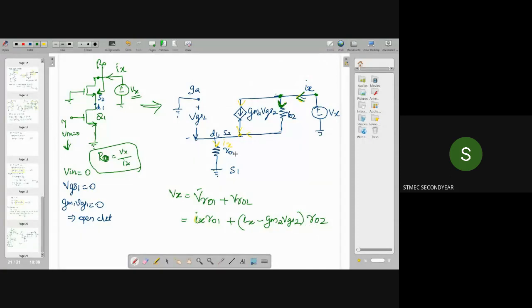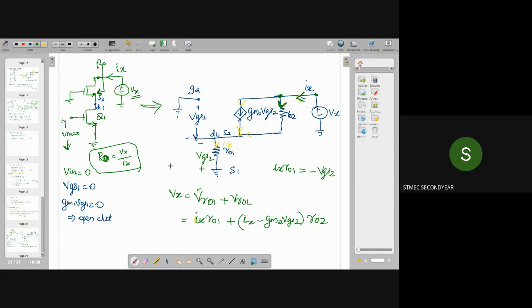Now, you can see here, I can replace this VGS2. This VGS2 is the voltage between these two terminals, right? Here, this terminal is connected to ground, and here, this terminal is also connected to ground. So the voltage drop across this R01, that is Ix into R01, will be equal to minus VGS2.